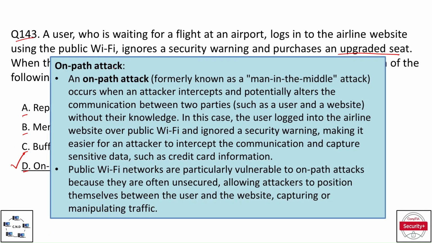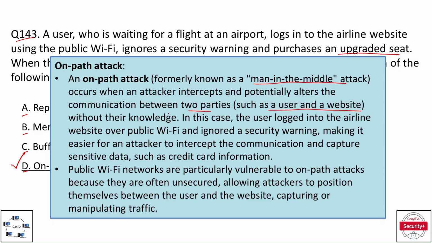So, what is an on-path attack? An on-path attack, formerly known as man-in-the-middle attack, occurs when an attacker intercepts and potentially alters the communication between two parties, such as a user and a website, without their knowledge.